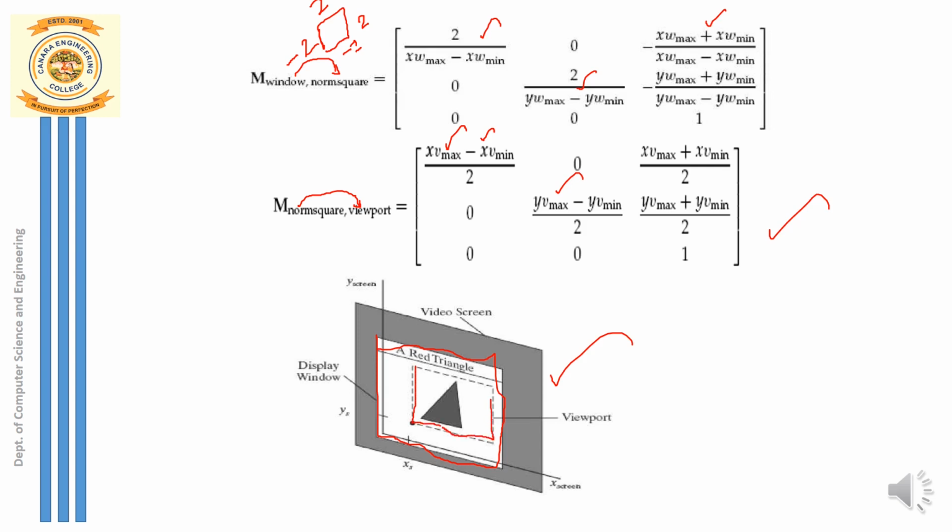And you can see that viewport here, a small region, that region is invisible, which is shown in a dashed line, and inside that invisible region of the viewport you have the image displayed. So from where did you get this image? Directly you have mapped from the normalized square to the screen. So this is your viewport, an invisible window. Inside the display window is the viewport, inside which your image is displayed.